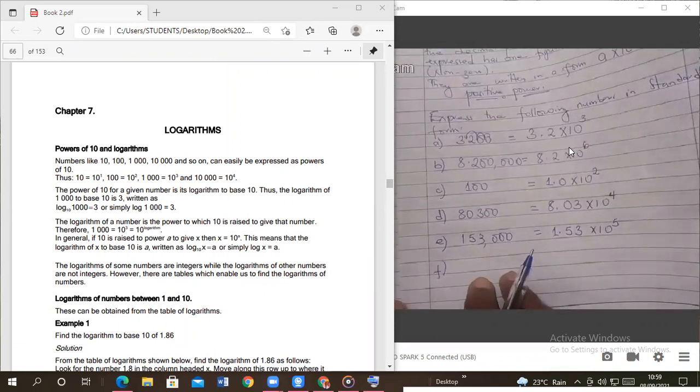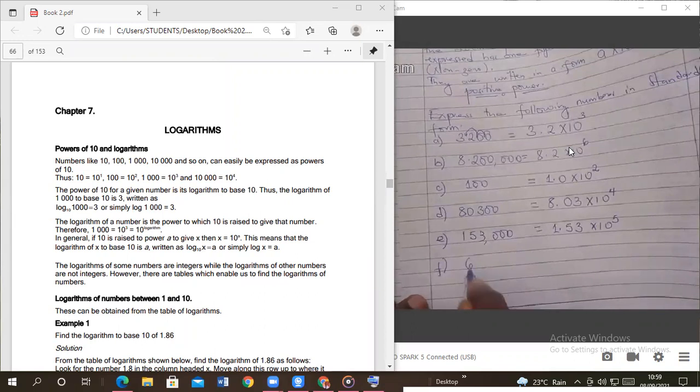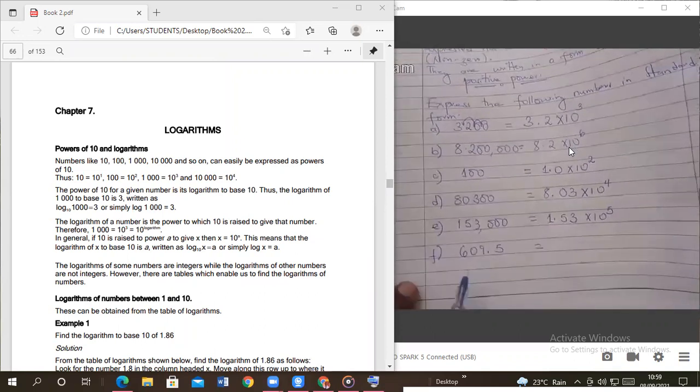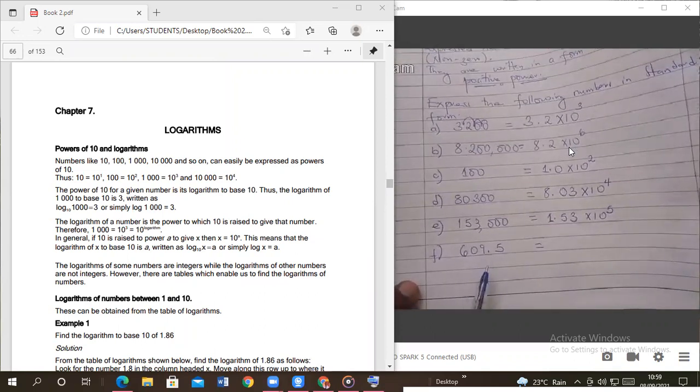I have F. Let's go to F. I have 609.5. I want to write this one in standard form. Now, this time, the number we have given is already in decimal point, but when we are writing in standard form, it must have only a single digit before the decimal point.